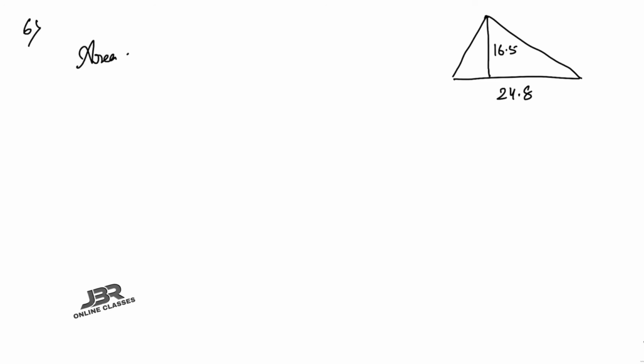The area of a rhombus is equal to the area of a triangle whose base and height are 24.8 and 16.5. So for the triangle, base equals 24.8 and height equals 16.5. Now you can easily find the area of that triangle: half into base 24.8 into height 16.5, in centimeter square.